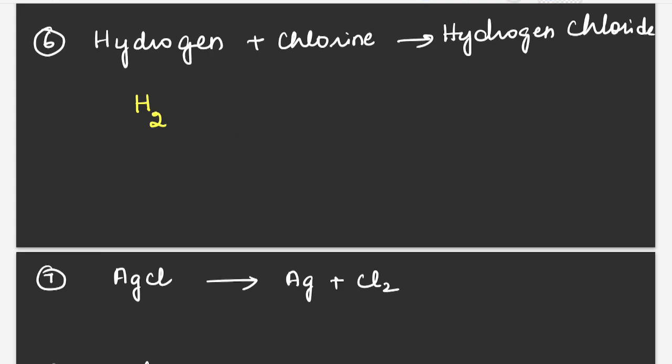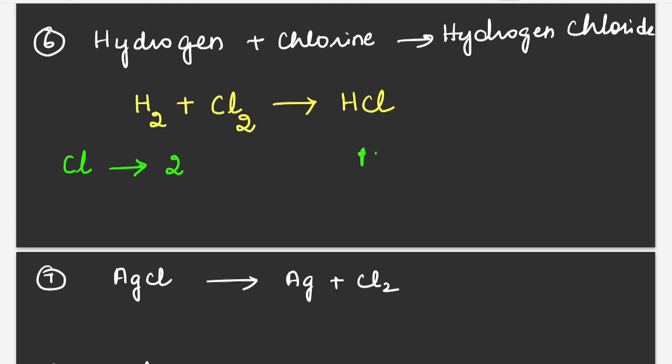Okay, so plus chlorine. Chlorine also we have to write as Cl2 because chlorine is also a gas. It exists in Cl2 form. Hydrogen chloride formula is HCl. Now we have to balance this. First let us balance chlorine. Chlorine on this LHS side you have 2. On the RHS side you have 1.